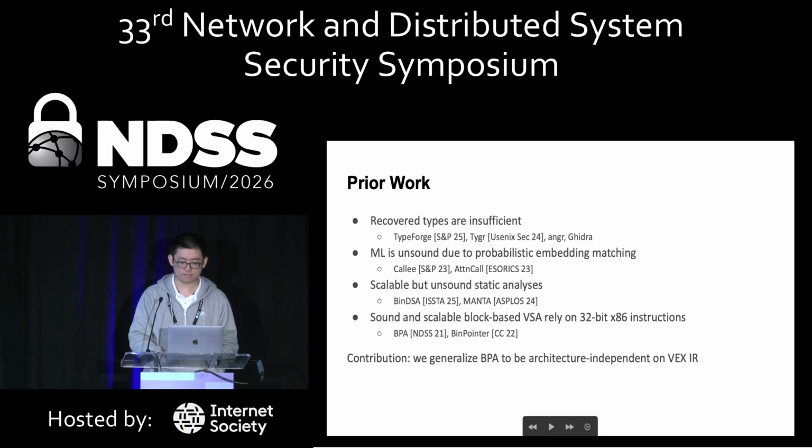But these types are insufficient to determine the indirect call targets. We have found mainly conflicting types between the caller and the function signature of the callee.